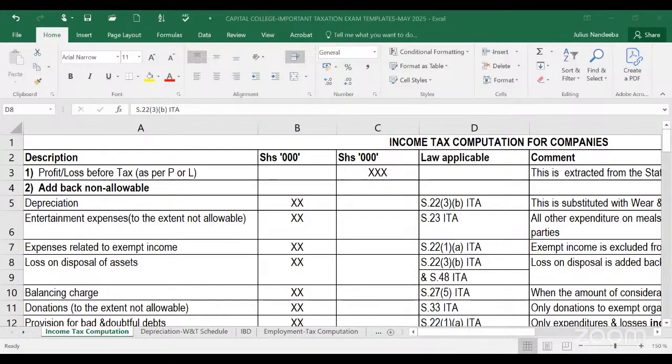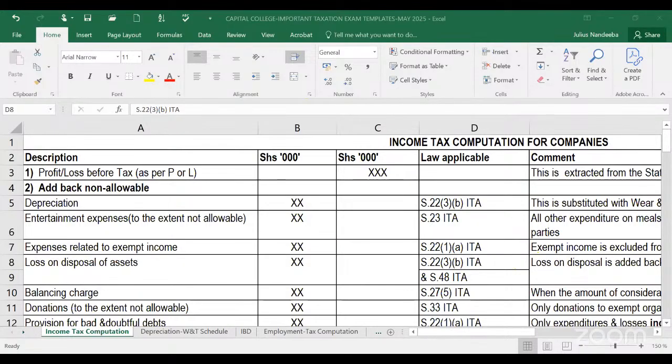When you get to the expenses, the treatment in the tax computation is to add it back. And the only expenses you're going to add back are the expenses you're satisfied are not allowable deductions. Allowable deductions are expenses that you have satisfied should be expenses of the business.